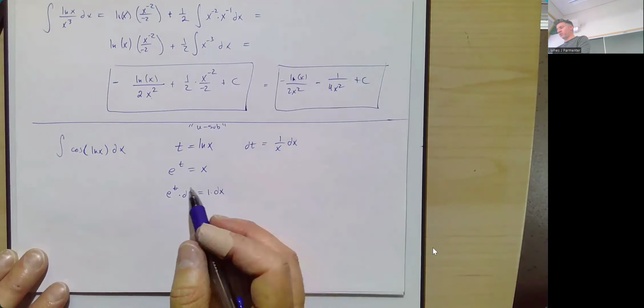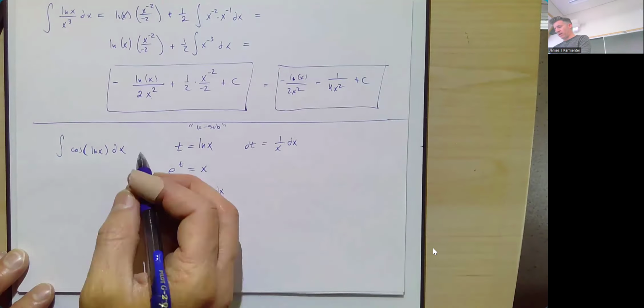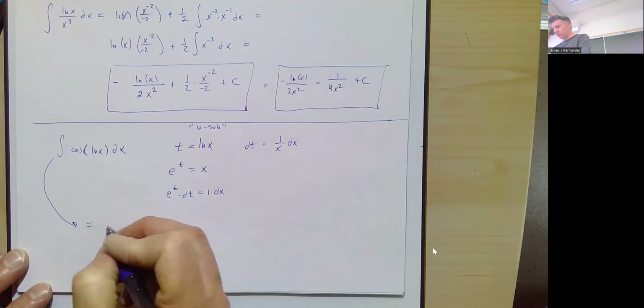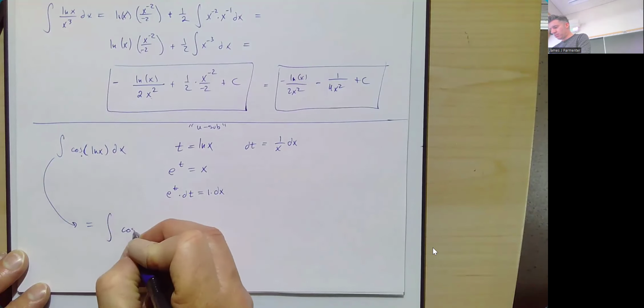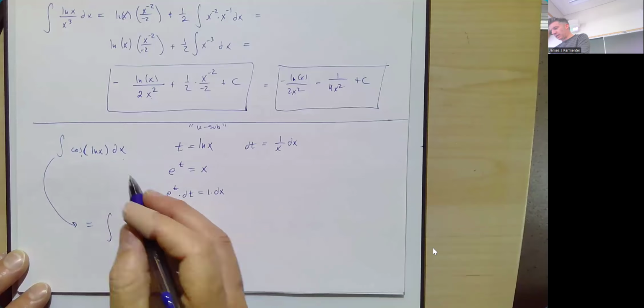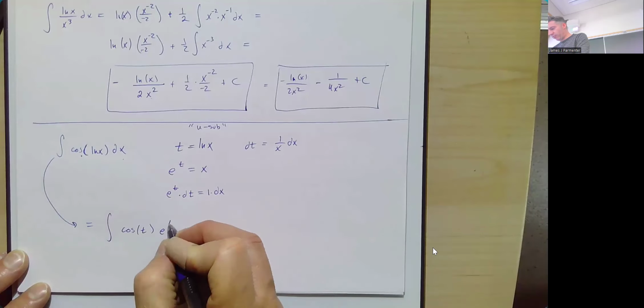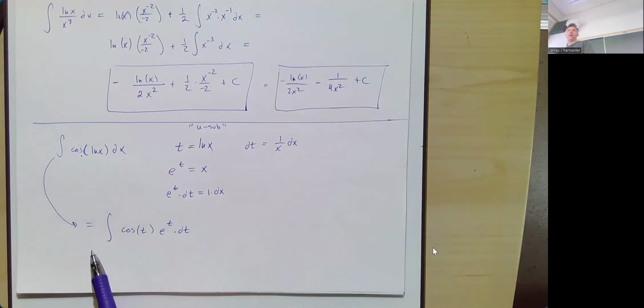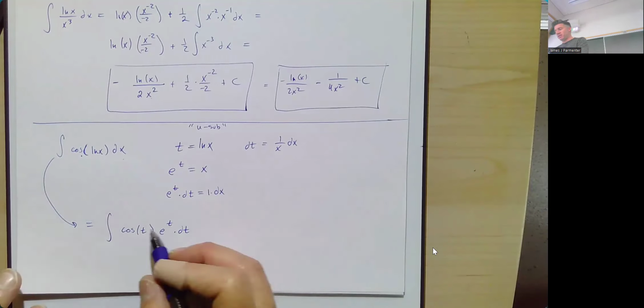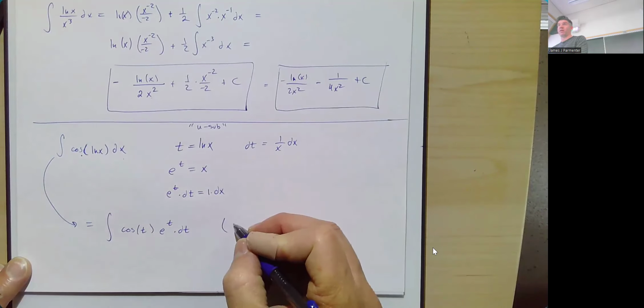Continuing on with this for a minute, if I start rewriting this, it's going to be equal to the cosine of t, and then my dx is e to the t dt. There is a way of doing an integral like this, which we are going to do in a minute, but it's good to see that there are other ways to do things. I would have done it this way, but we're not going to do it this way.